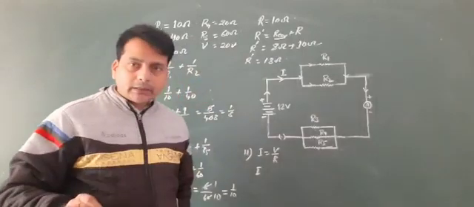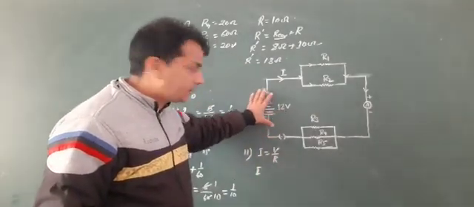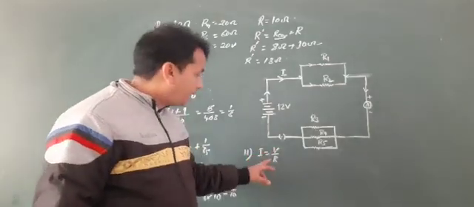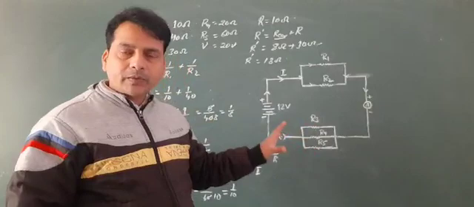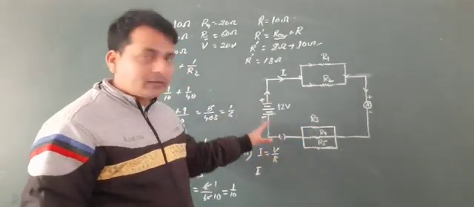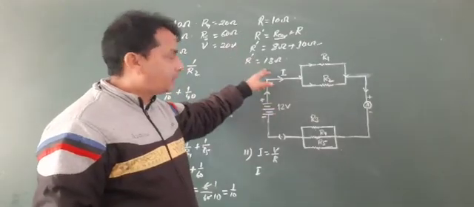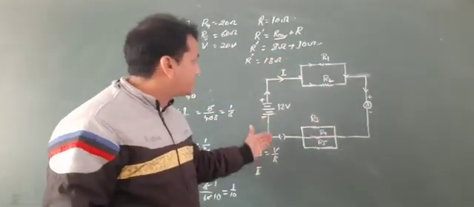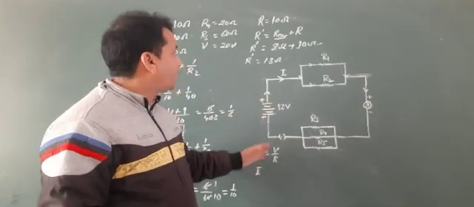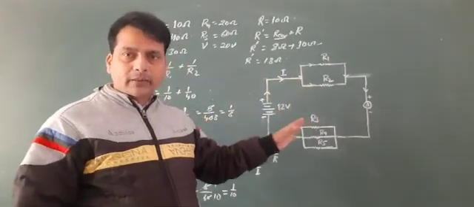So the potential difference is the 12 volt battery connected in the circuit, and R is the total resistance used in this circuit, which we have already found to be 18 ohm.